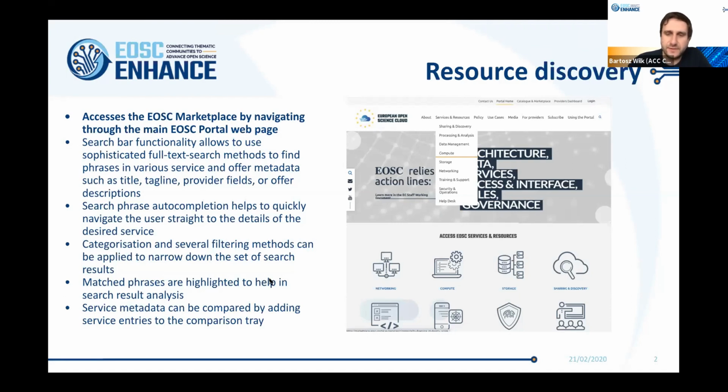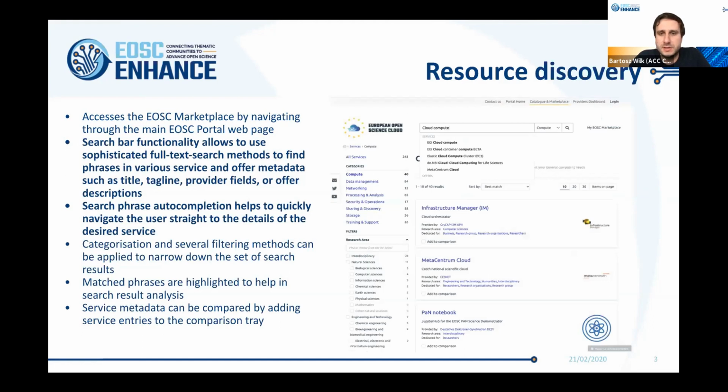So the first set of functionalities that is available with the use of the catalog and marketplace is discovery of resources. We can navigate from the main portal page, the portal homepage, to the marketplace, and directly jump into a category of resources with the use of menus or iconography at the very first homepage.